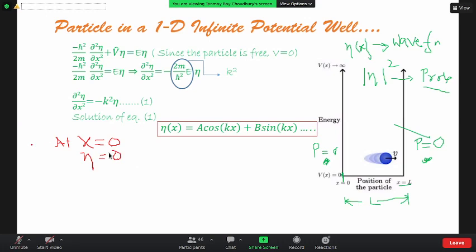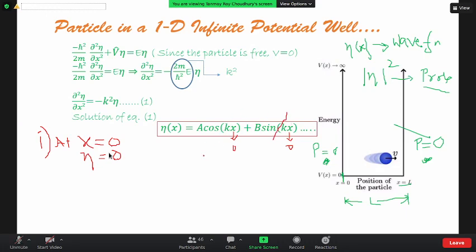This is the first boundary condition, students. If this is true, then just put the value of x equal to 0 over here. What is this term? Sine of 0 is 0. Am I right? Yes.